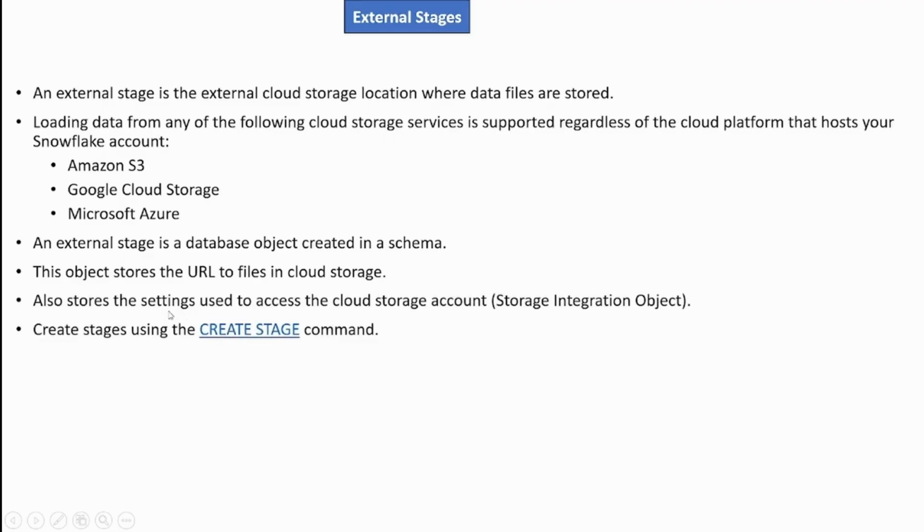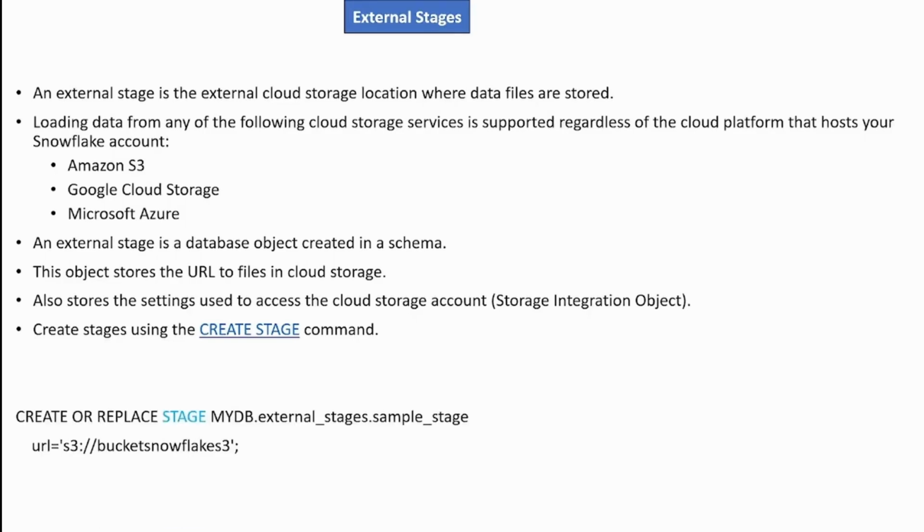Okay, it also stores the settings used to access the cloud storage accounts, like a storage integration object. A storage integration object is a specialized object that manages the authentication and trust relationships between Snowflake and your external cloud storage. Syntax for creating the external stage is the create stage command, and this is the syntax.